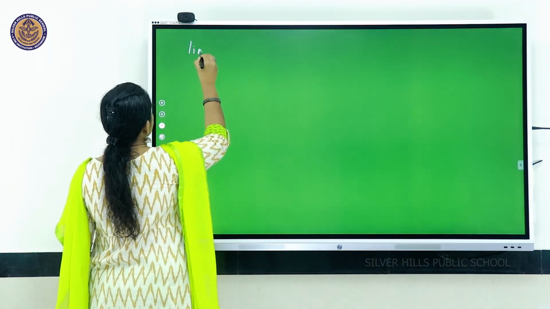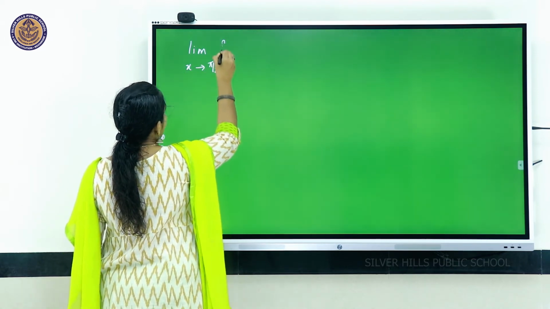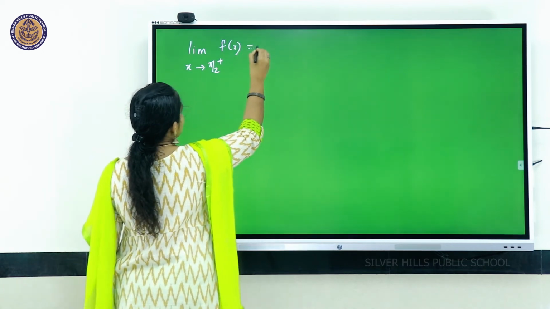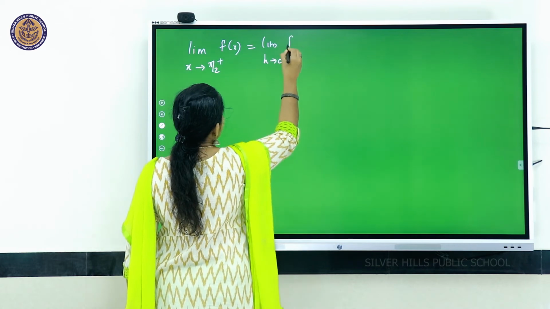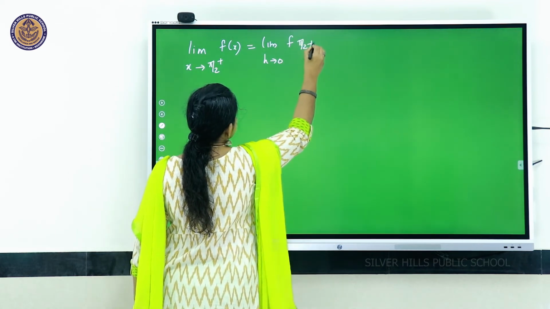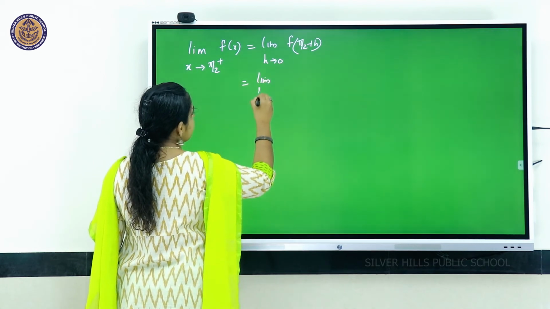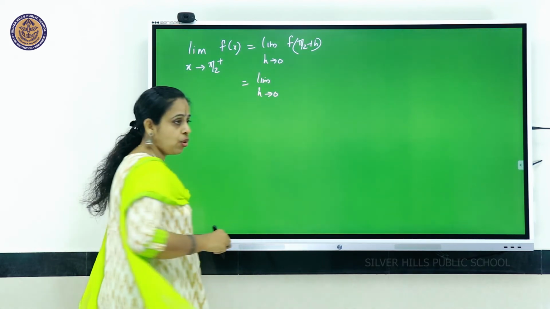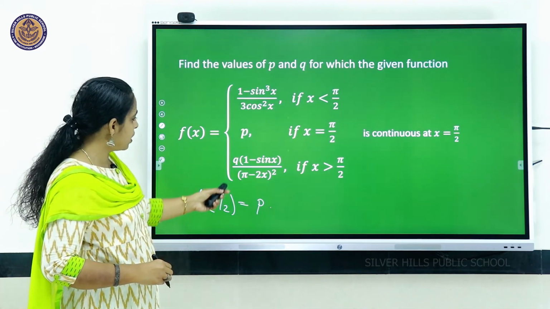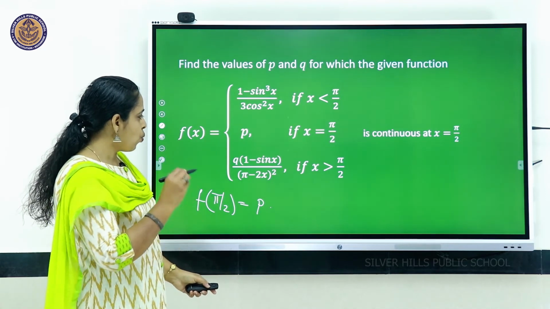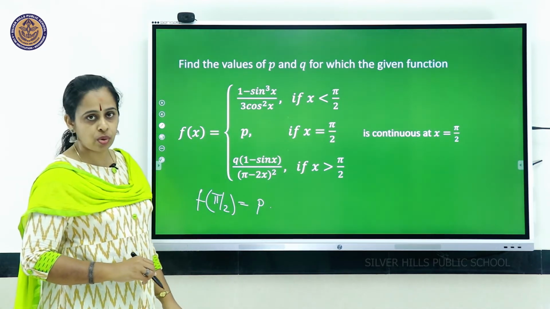Limit x tending to pi by 2 plus f(x) equal to limit h tending to 0, f of (pi by 2 plus h) equal to limit h tending to 0. What is pi by 2 plus h? The definition, q into 1 minus sin x by (pi minus 2x) whole square.